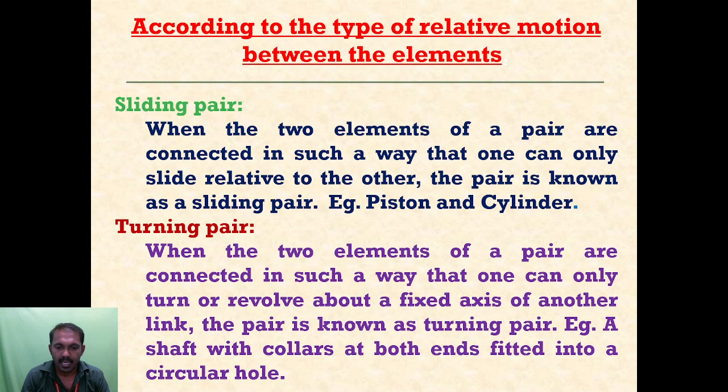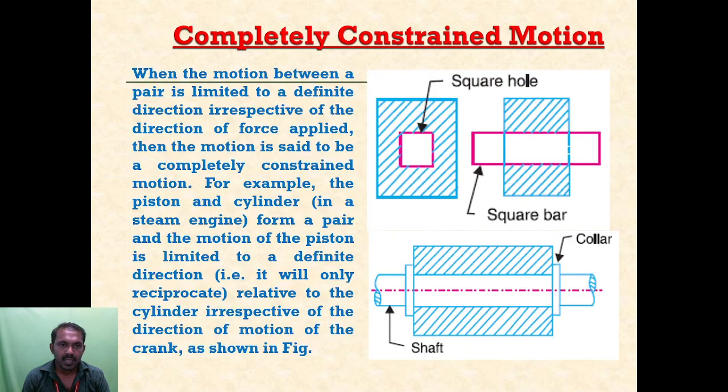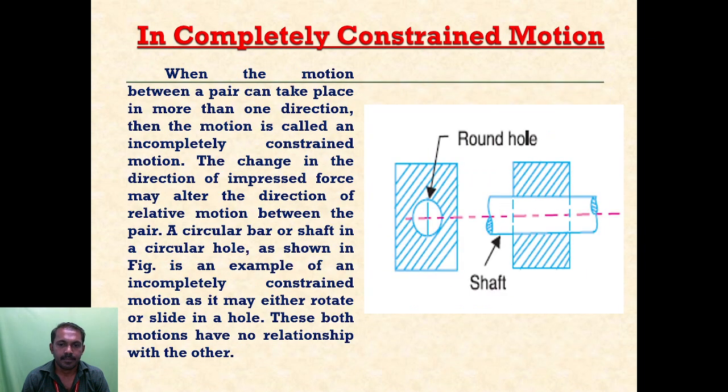Turning pair: when the two elements of the pair are connected in such a way that one can only turn or revolve about a fixed axis of another link, this pair is called a turning pair. Incompletely constrained motion is a turning pair, and completely constrained motion is a sliding pair.